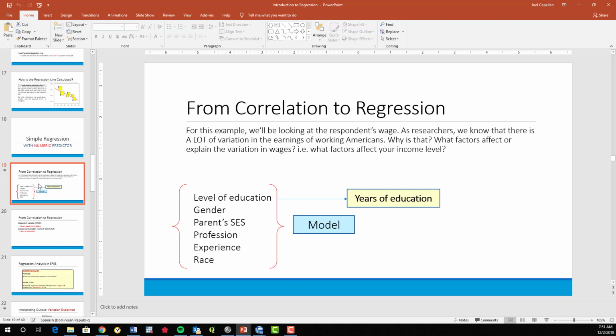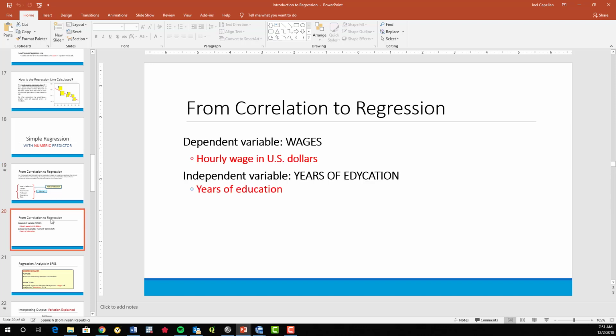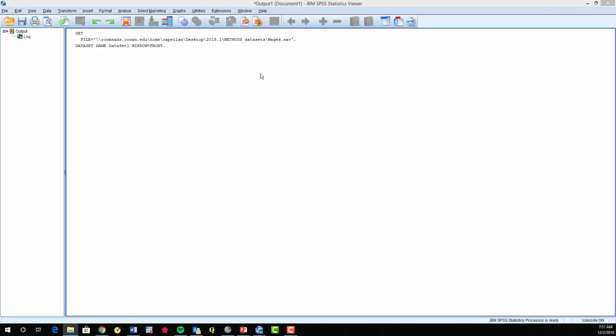One variable that we selected was years of education. So in this scenario, the dependent variable is the hourly wages in US dollars, and the independent variable is the years of education. So let's get started with that.